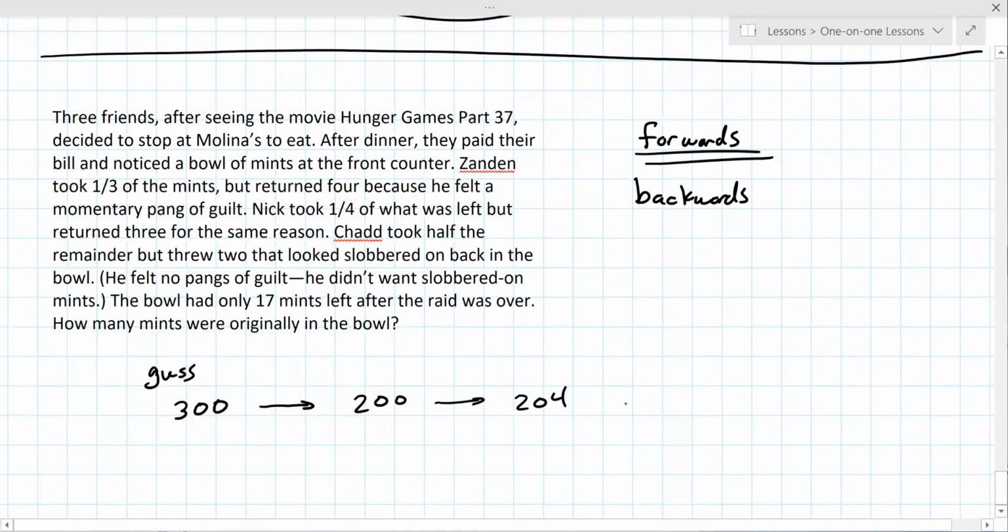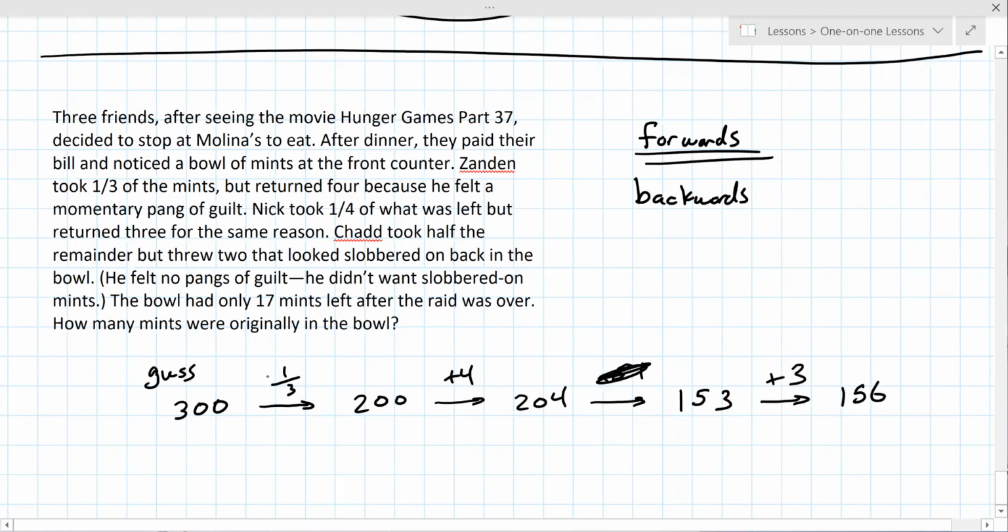So he took 51. That means we're down to 153. But then he returned 3, so now there's 156.